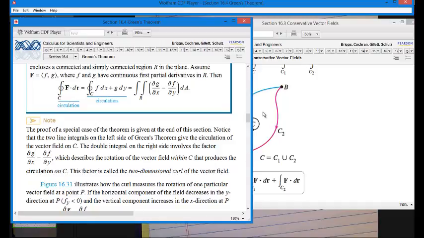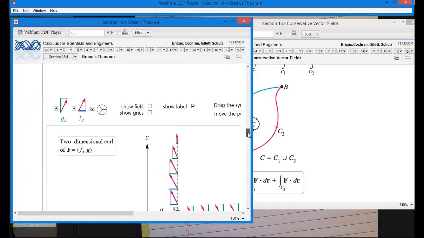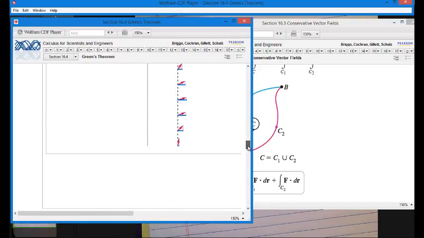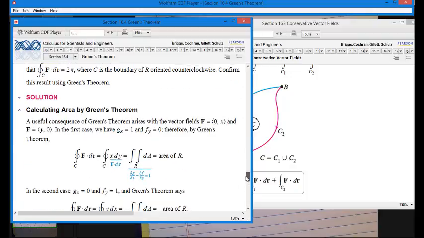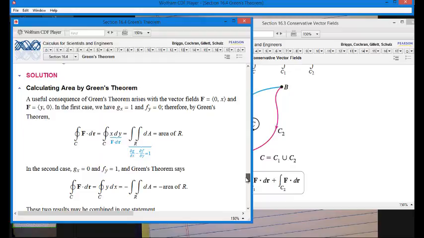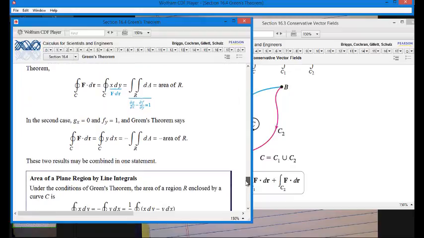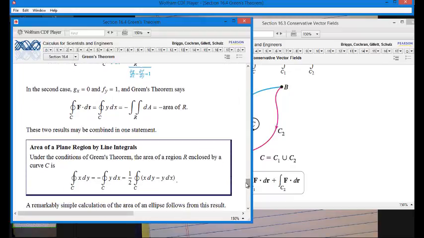I want to get to the corollary to Green's theorem because it's really cool. Where'd it go? Ah, there it is. Calculating area by Green's theorem. Here it is.